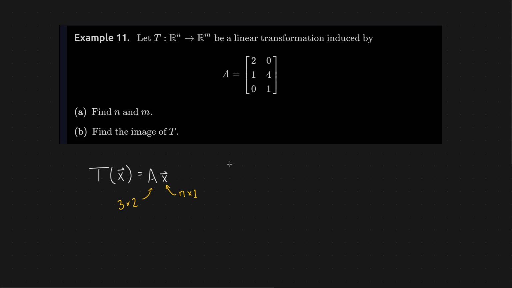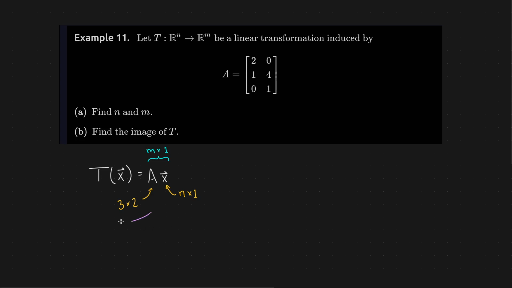Okay, the result, once I put them together, should be in the codomain, which is Rm. That means it needs to be an m by 1 vector, m rows, 1 column. It's a column vector with m components. So using this, we can use what we know about matrix multiplication to figure out what n and m are.